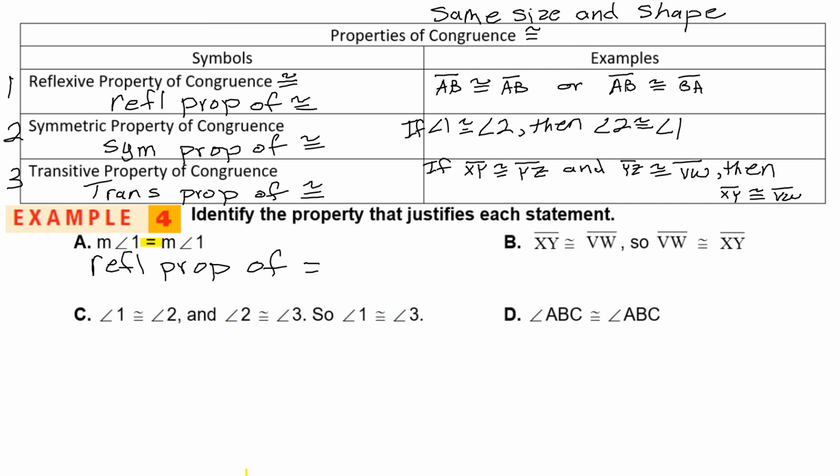Our next example, segment XY is congruent to segment VW. So segment VW is congruent to segment XY. What do we have for that one? It is the symmetric property because we only have two signs.